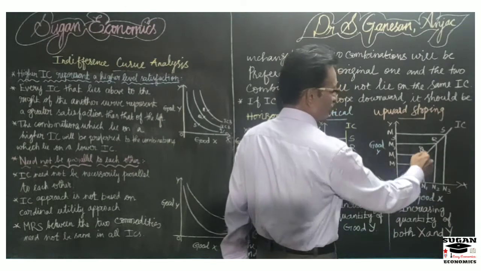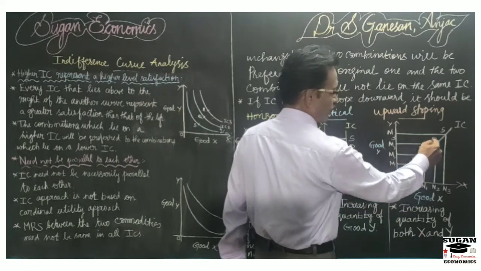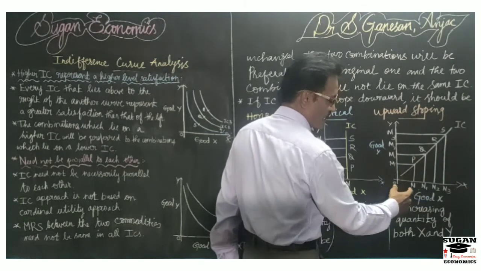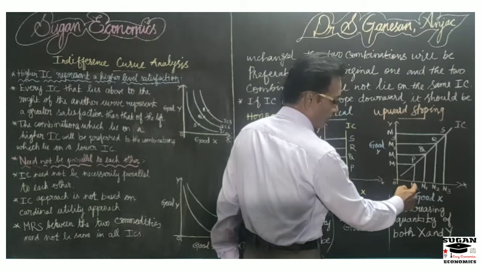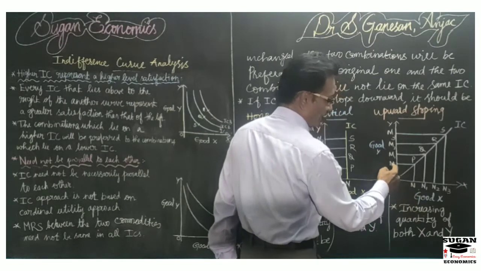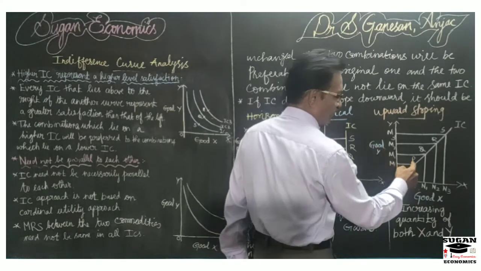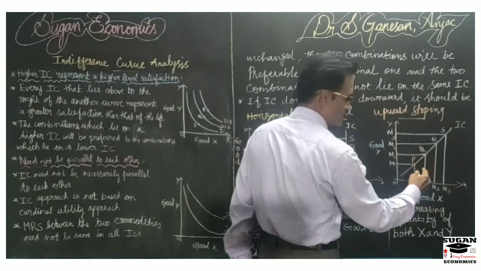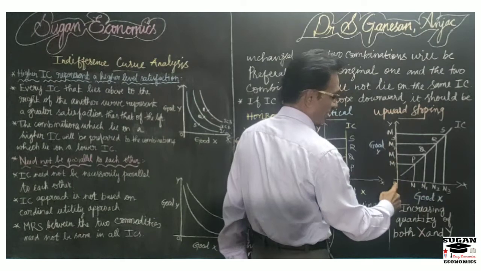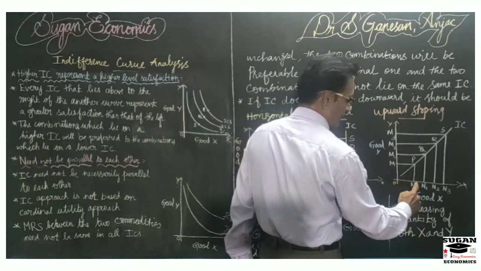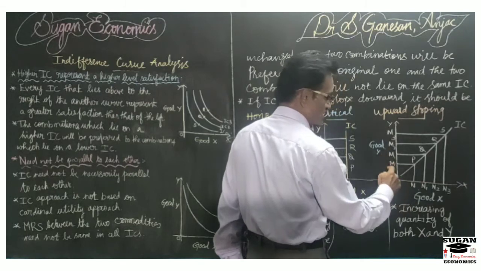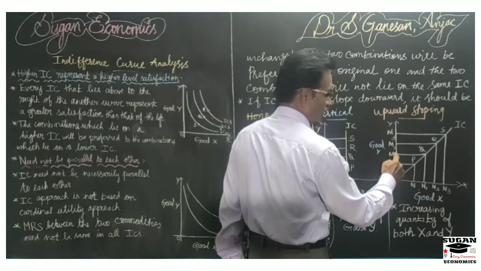For example, here we have taken various points P, Q, R and S. At point P, the consumer is having the combination of ON amount of good x and OM amount of good y. Now if a consumer moves from point P to Q, it means he can increase both the commodities, that is, commodity X has increased from ON to ON1 and commodity Y has increased from OM to OM1.